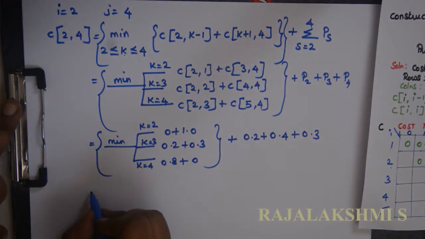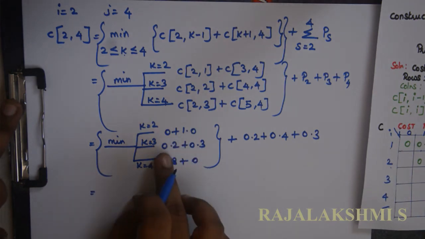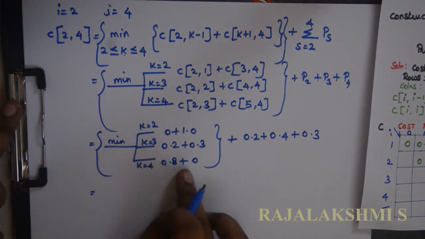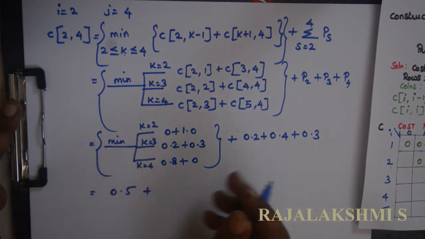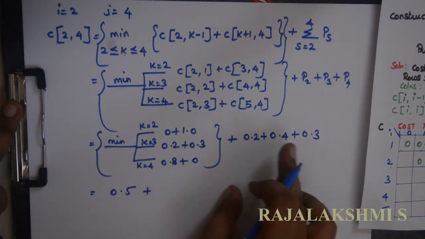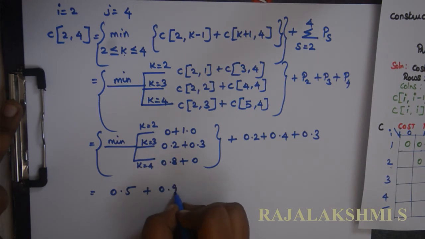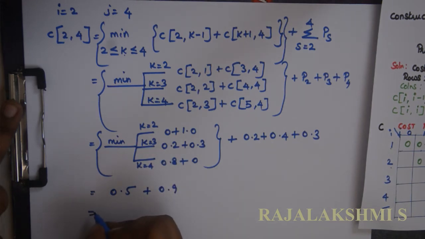So now the minimum is, here we are having 1.0 and here it is 0.5 and this is 0.8. So minimum is 0.5 plus 0.4, 0.6, 0.9, right? So C of 2 comma 4 is equal to 1.4. So this is C of 2 comma 4.